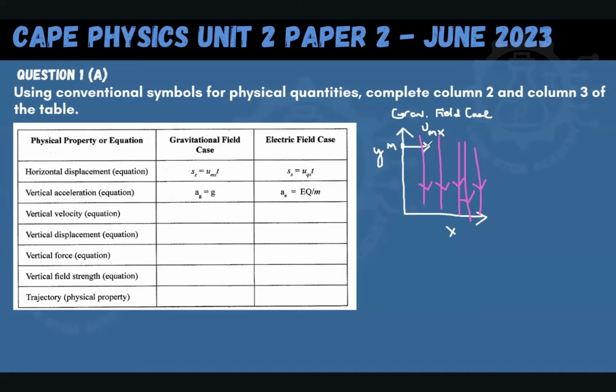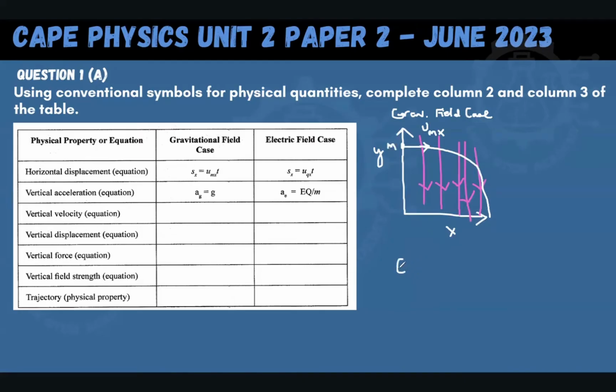So it's being projected into this gravitational field. And we know that when a mass is projected into a gravitational field, it will experience a force that will cause it to follow a parabolic path. So I'm just going to show the path being parabolic, right? So it's a parabolic path that goes that way until it emerges from the field. So that's what we have in the gravitational field case.